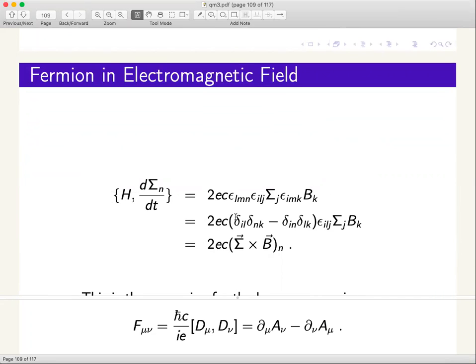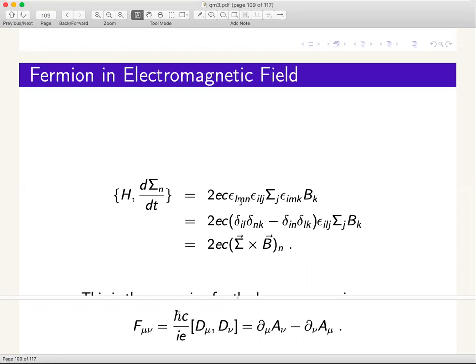We need to just manipulate epsilon tensors. Okay, so there are various epsilon tensors. You can choose any two of them you want, and you will of course want to keep one of the epsilons free. Which one you want to keep is up to you. Okay, fine. When you manipulate epsilon, it has to have at least one common index. So you use that and manipulate this expression.